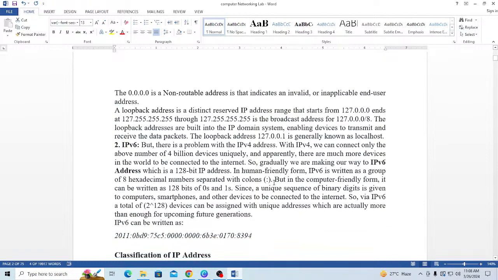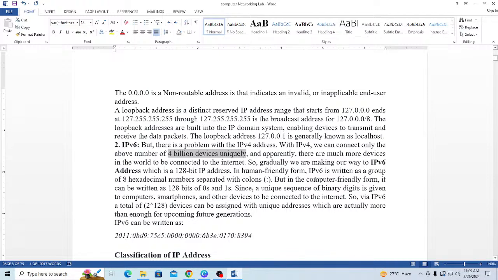In the same way, they provide IP version 6. Version 6 has 4 billion devices equally. That means the range is increased compared to version 4. That means we can connect more devices to the internet.